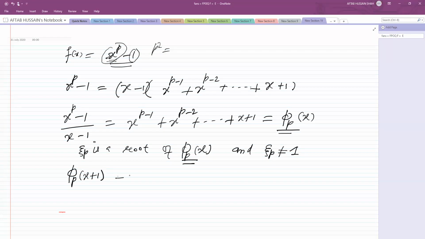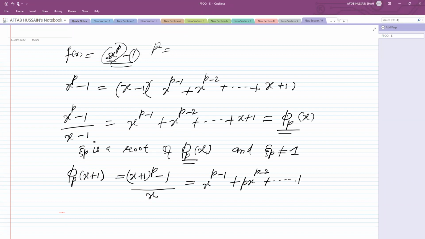This is going to be (x plus 1) raised to power p minus 1, over x, and this would turn out to be x raised to power p minus 1 plus p x raised to power p minus 2 plus and so on, plus p(p minus 1)/2 x plus p.